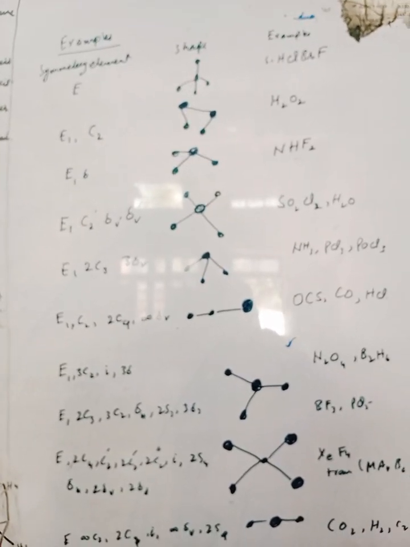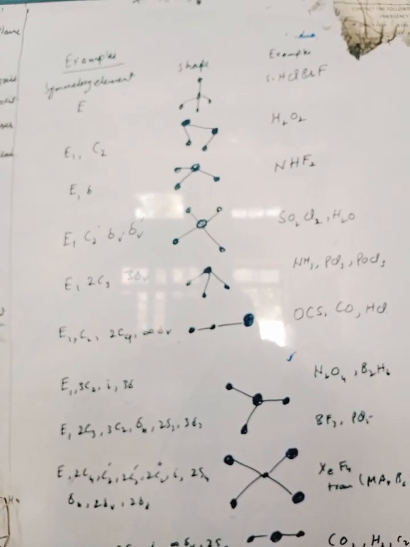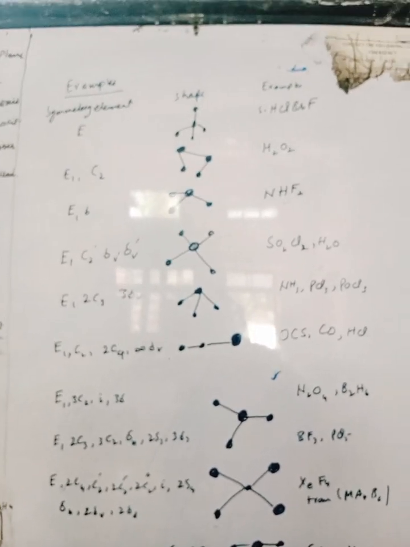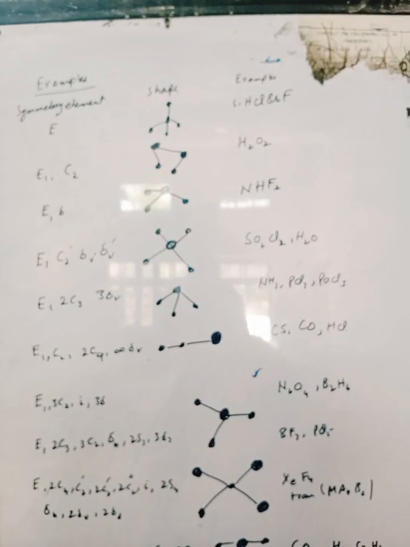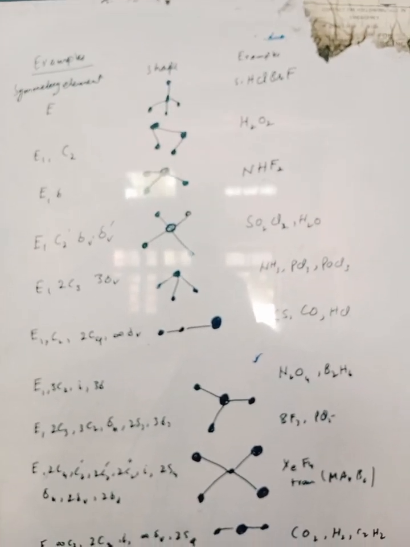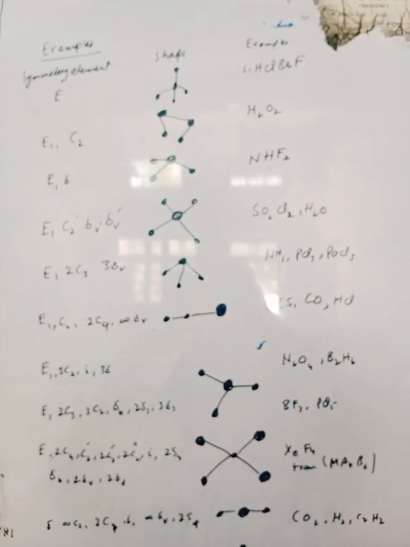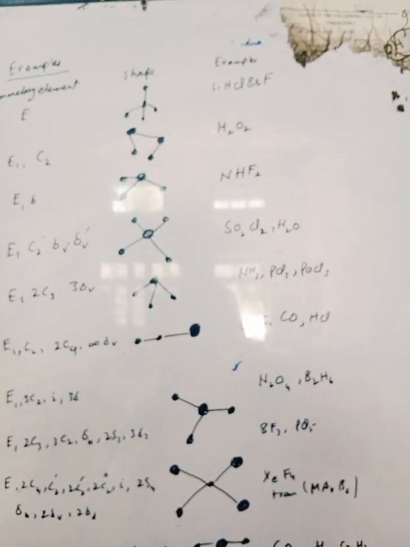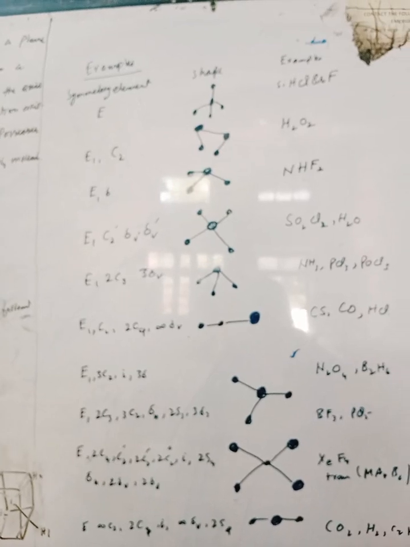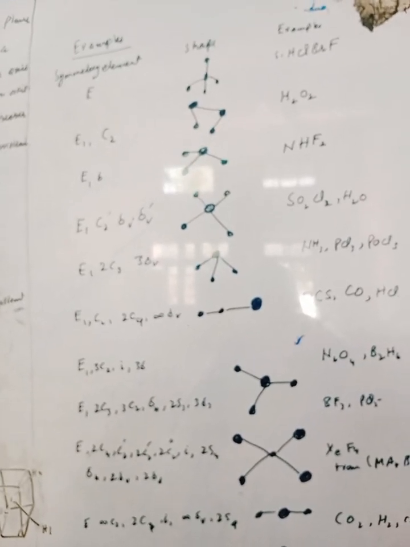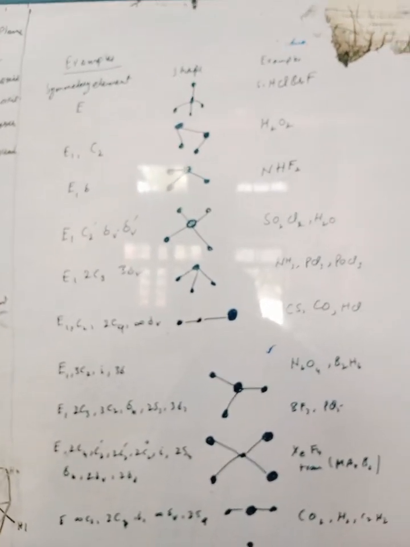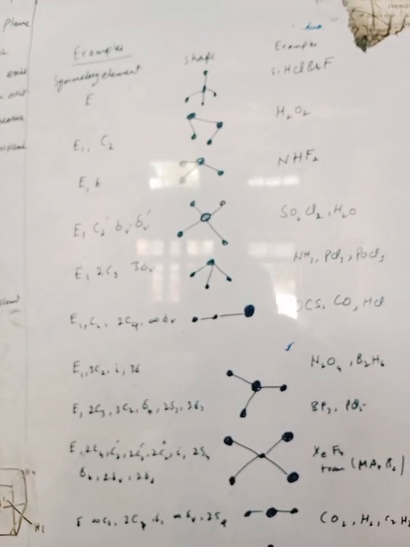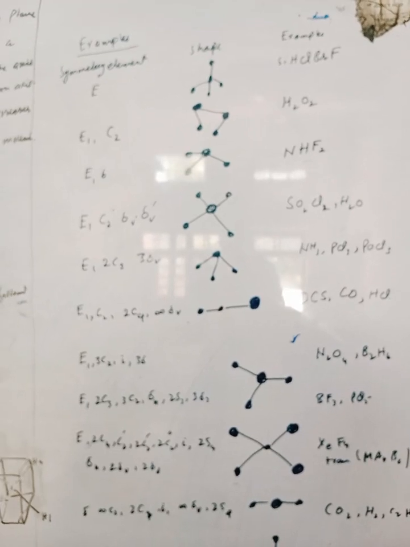You can see here some examples of symmetry element shapes. E is identity. This shape, SiHClBrF, has no other symmetry operation than E. So it has only one operation, which is called E. For H2O2, only E and C2 symmetry elements are present.